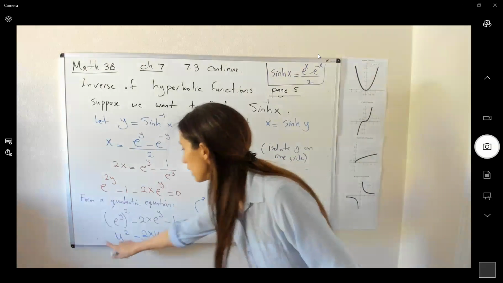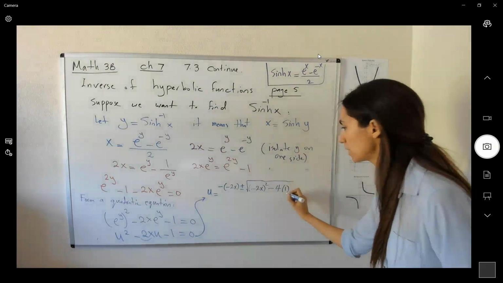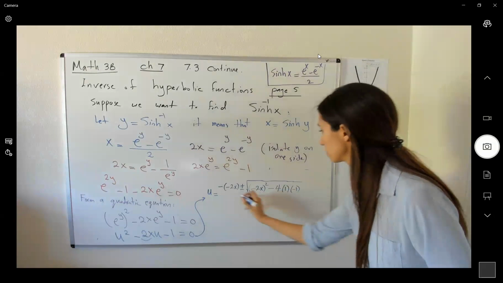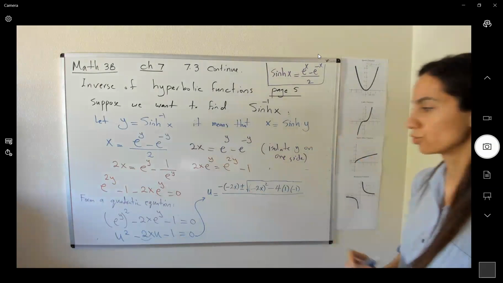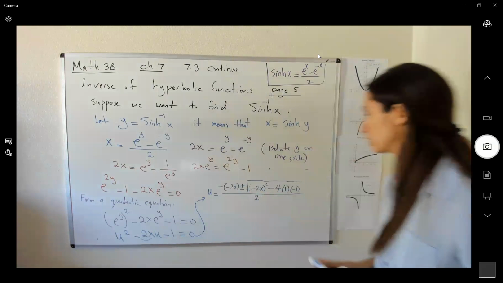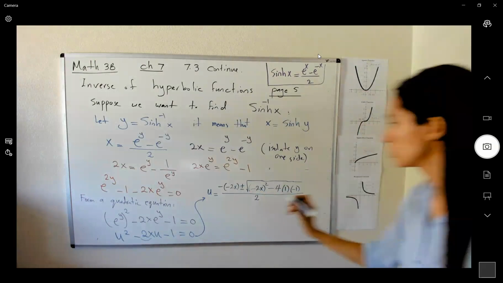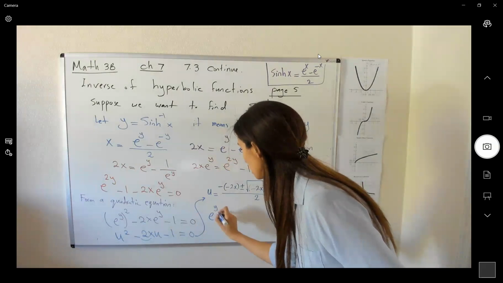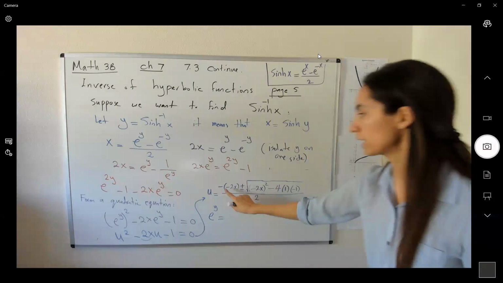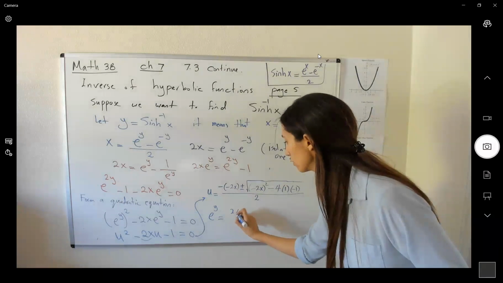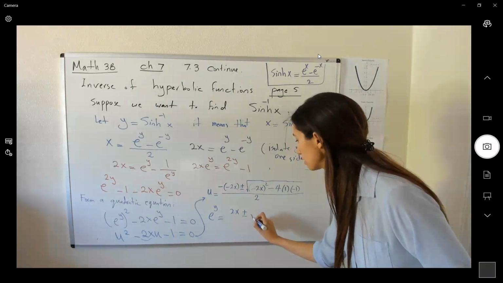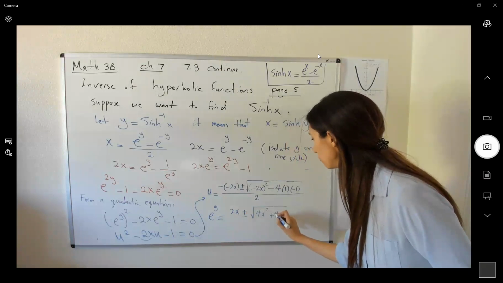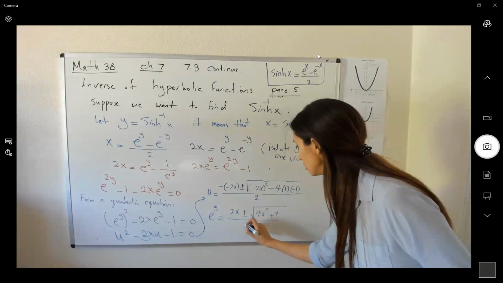What is a? A is 1 and c is negative 1. The whole thing is divided by 2 times a, which is just 2. So my u, which is e to the y, is equal to negative times negative, positive 2x plus minus square root of 4x squared plus 4 divided by 2.